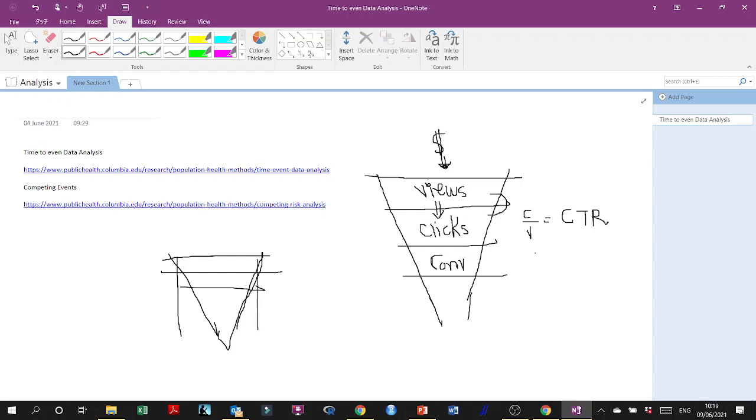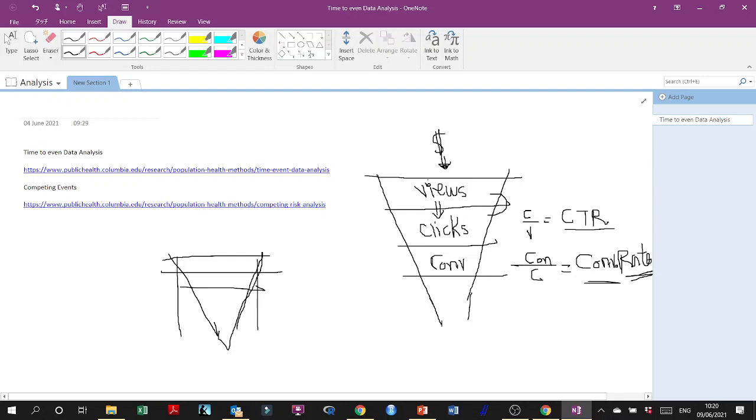So the number of conversions over the number of clicks will be the conversion rate. Do you see both of them end with the word rate? This is a click-through rate. This is conversion rate, yeah?